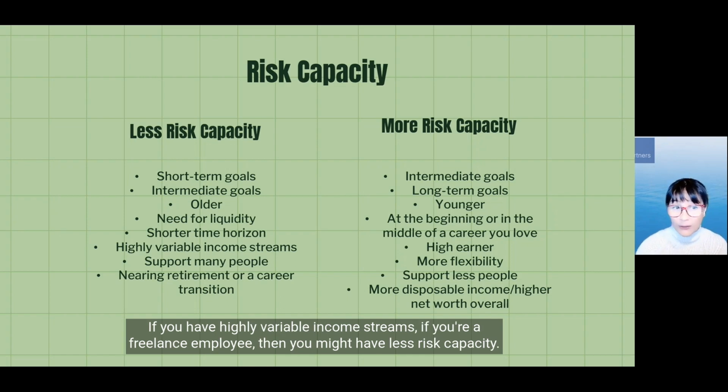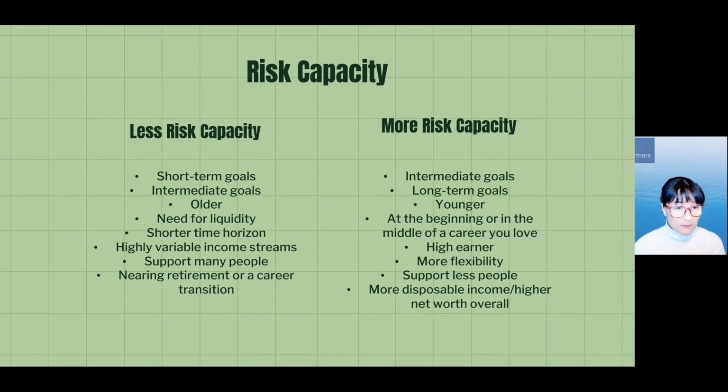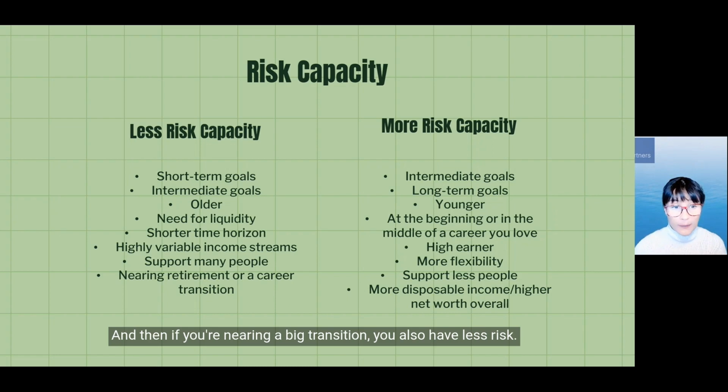If you have highly variable income streams, so if you're a freelance employee, then you might have less risk capacity. If you support many people, if you have a lot of family depending on you, you have less risk, right? And then if you're nearing a big transition, you also have less risk.